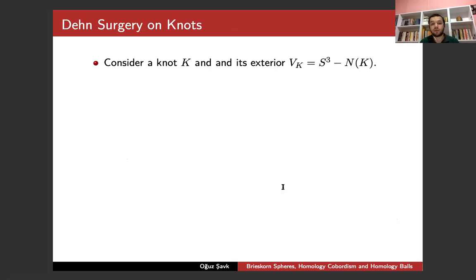Before describing the new methods, I need to describe Dehn surgery on knots. Consider a knot K and its exterior. Knots are circle embeddings in the three-dimensional sphere. Exterior means we remove a tubular neighborhood of the knot from the three-dimensional sphere.